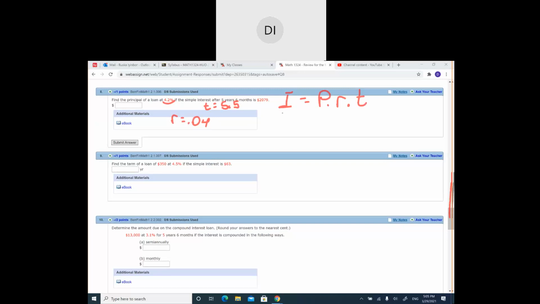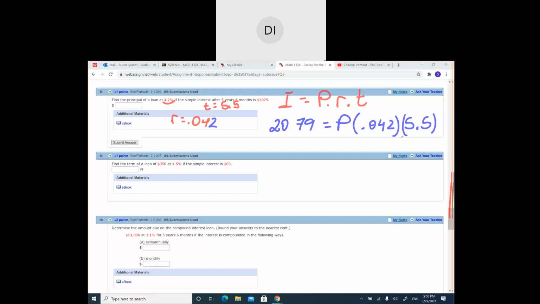So what you're doing, you're just going to plug in the numbers, right? The interest is given as 2,079, so it's going to be 2,079 equals the principal, which is what you need to find, times the rate 0.042, and the time is 5.5 years.